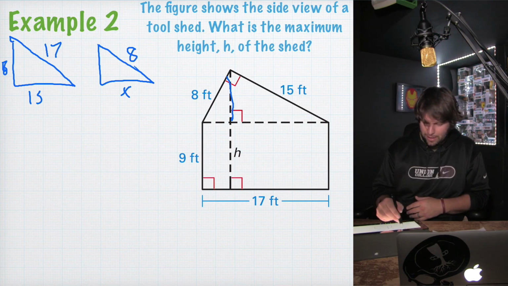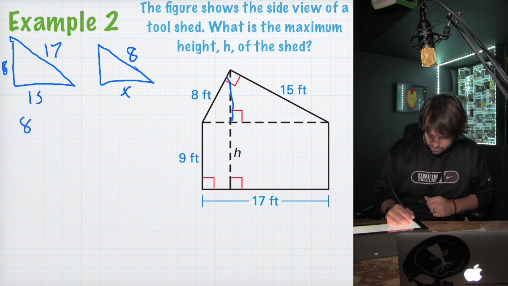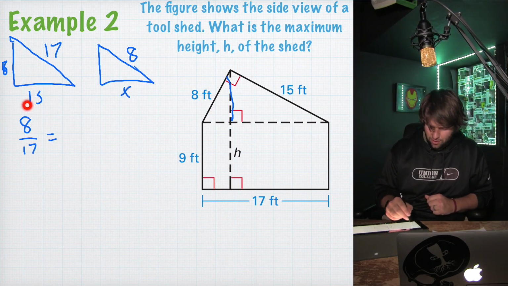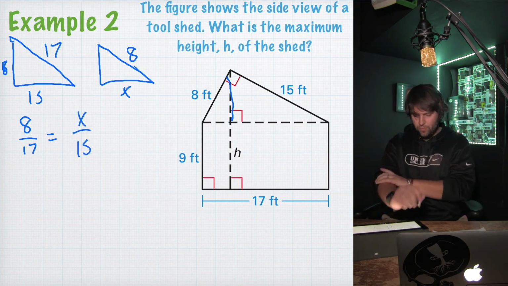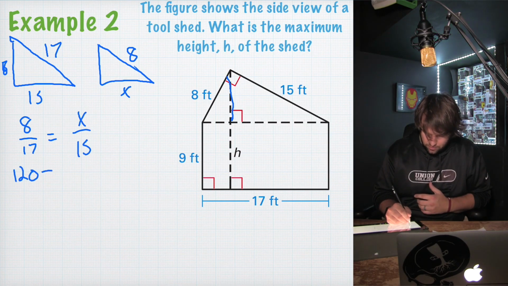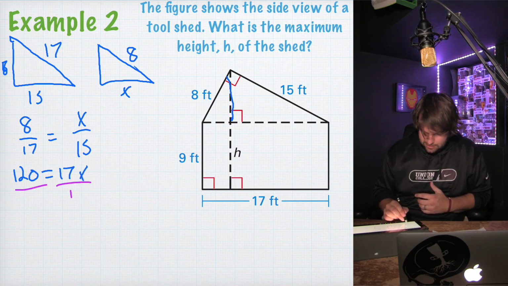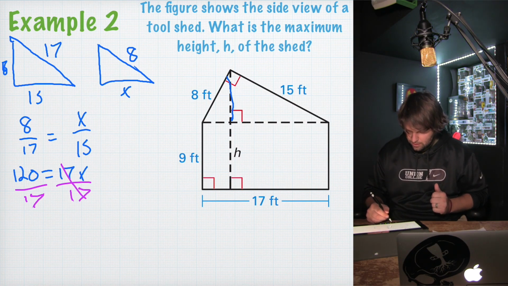So let's compare our hypotenuses. That's going to be 8 over 17, and then set that equal to X over 15, the two long legs, X over 15, okay? We cross multiply. 8 times 15 is going to give us 120, which equals 17x. Divide each side by 17, and you're going to get roughly 7.1 feet.